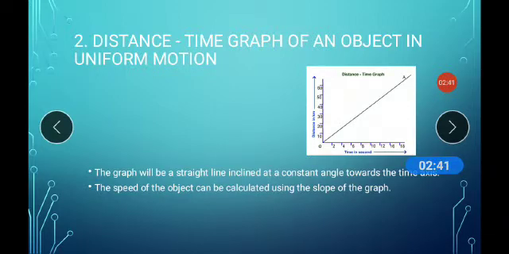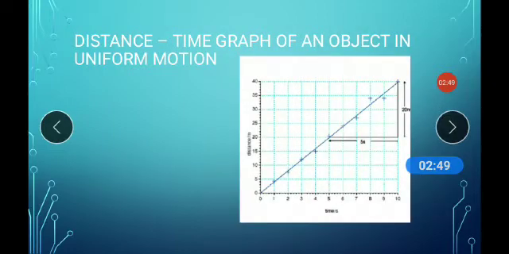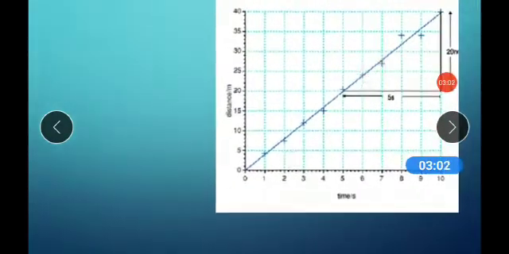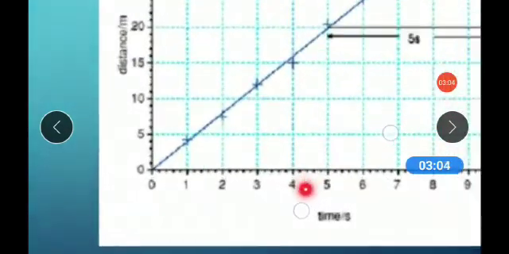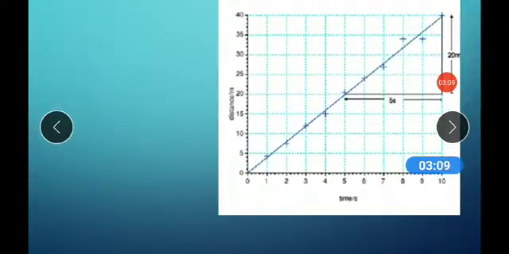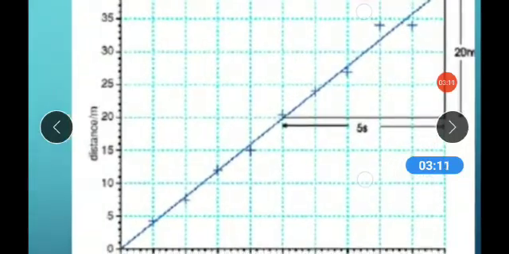And we can calculate the speed of this object between any two time intervals by calculating the slope of the graph. Here you can see a straight line which is inclined at a constant angle with the time axis. We are considering two time limits here, 5 seconds and 10 seconds. Within that time, the object is traveling a distance of 20 meters.